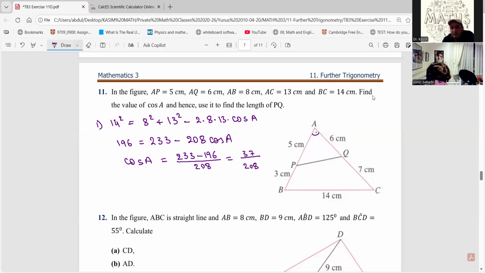And then you do cosine inverse? No, not cosine inverse. We don't need A, we just need cosine of A, because they're just asking what is cosine of A.